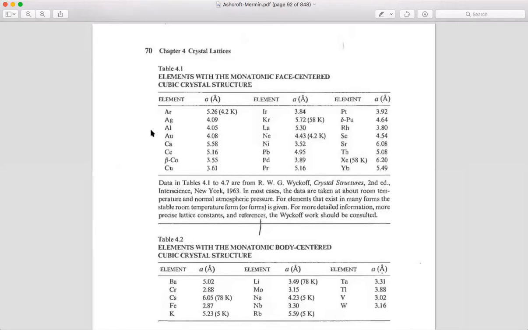So this is the list of elements which form face-centered cubic crystal structure. So for example, many metals you will find, for example, silver, aluminum, gold, calcium, copper, nickel, lead, palladium, platinum, rhodium, etc. They form face-centered cubic structure.